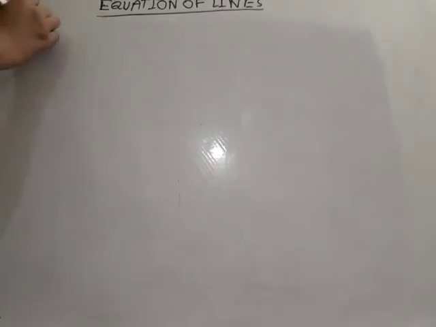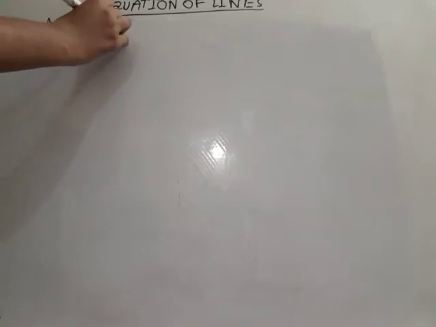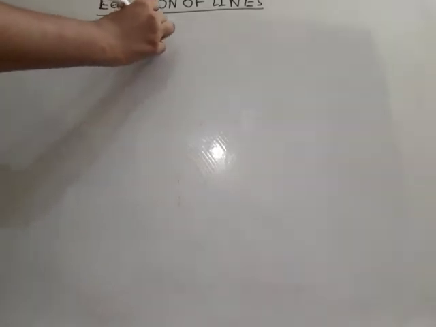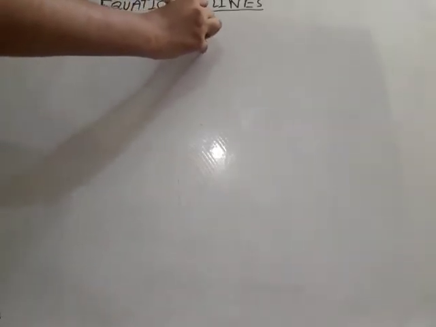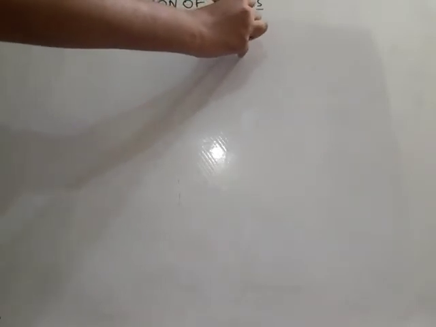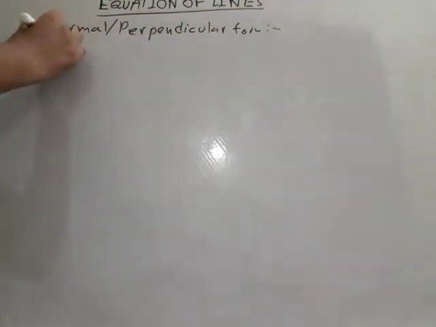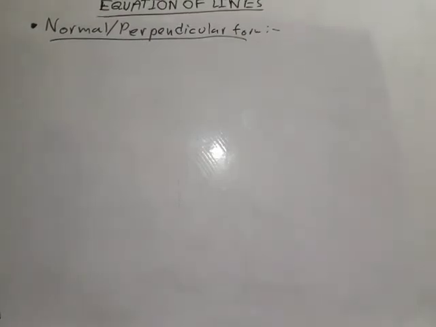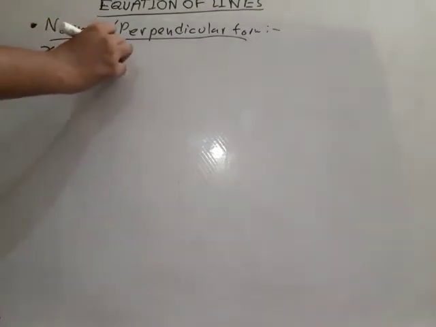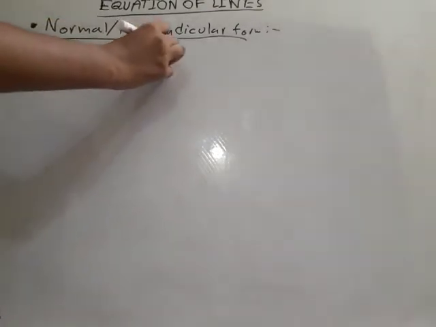Now, the normal form. It is also called the perpendicular form. The general equation of the normal form is like this: x cos theta plus y sin theta equal to p.